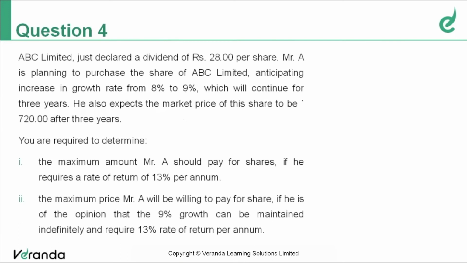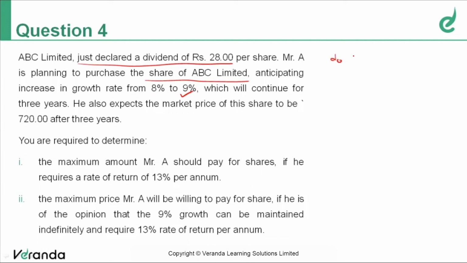First part of the question. Say the dividend just declared is D0. Planning to purchase the share of ABC, it is likely to grow at 9%.